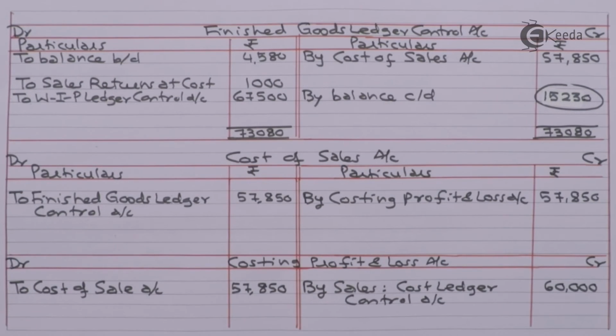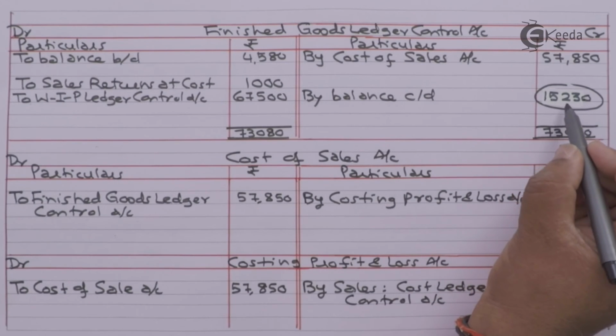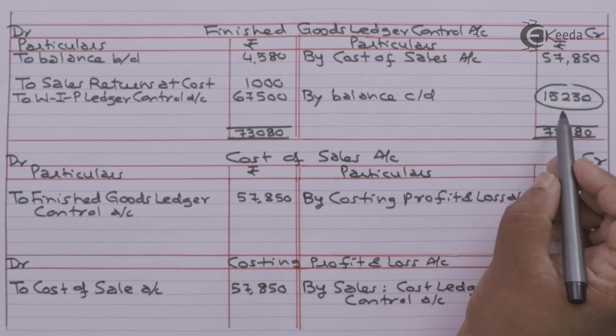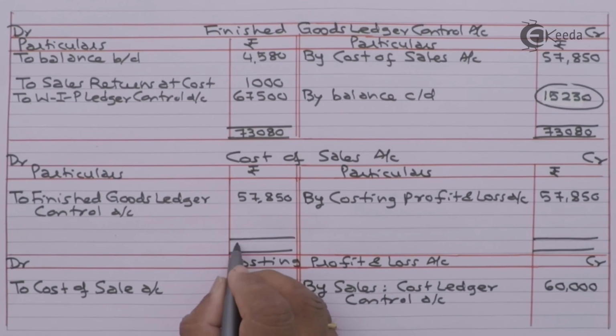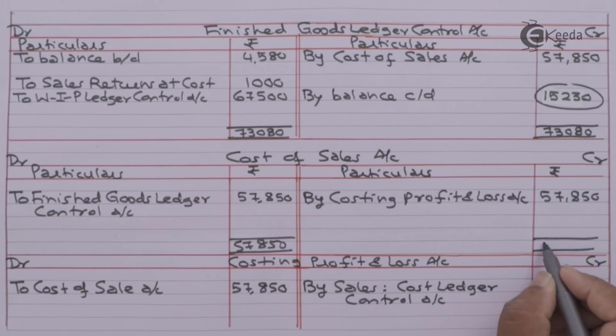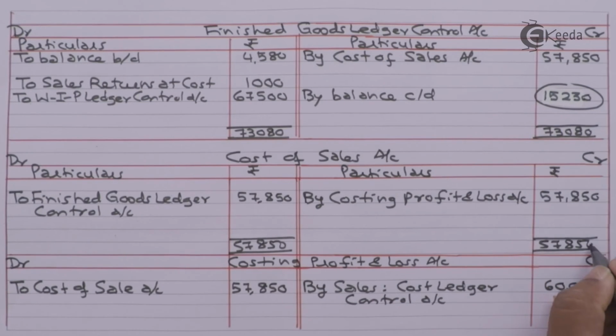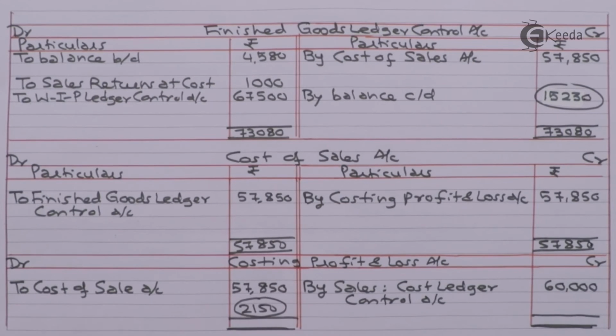Finished goods control account, we are getting a balancing figure on the credit side, 15,230. This will be transferred to the trial balance. So we got profit 2,150.